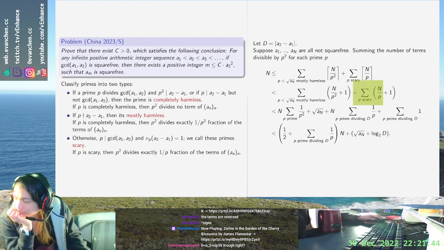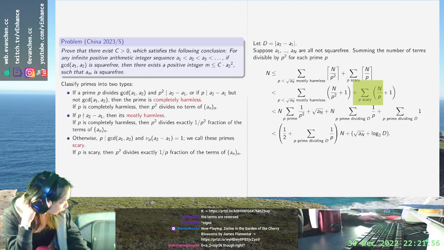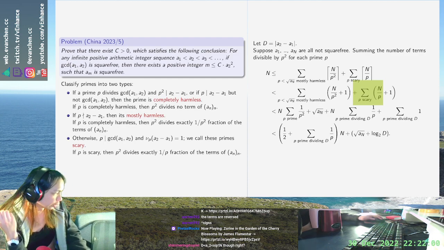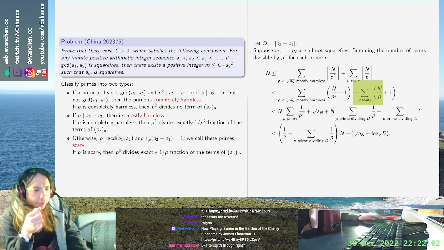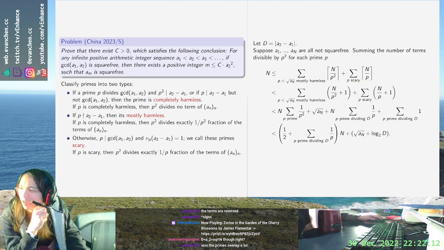Scary. Because the sum of the reciprocals of the primes does diverge. D is less than a_2, less than square root of capital N. Yeah, the primes overlap.